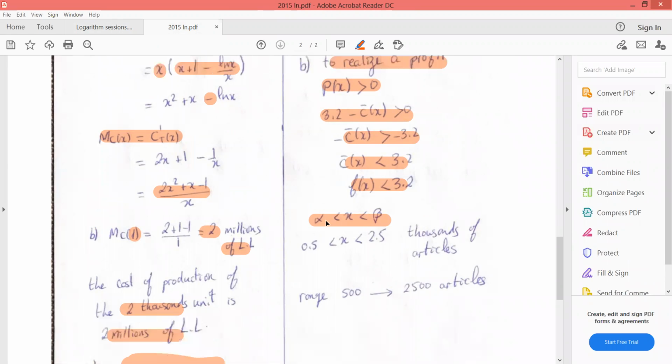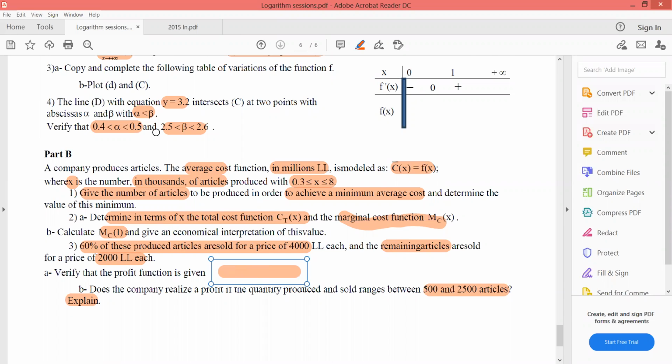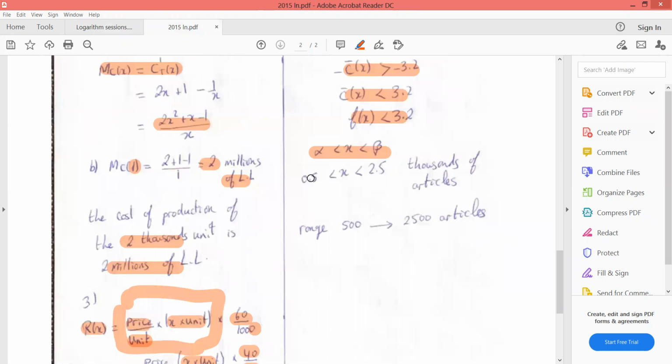What are alpha and beta? Going back, alpha and beta are 0.5 and 2.5. So x is between 0.5 and 2.5 thousands of articles. It ranges between 500 and 2,500 articles.